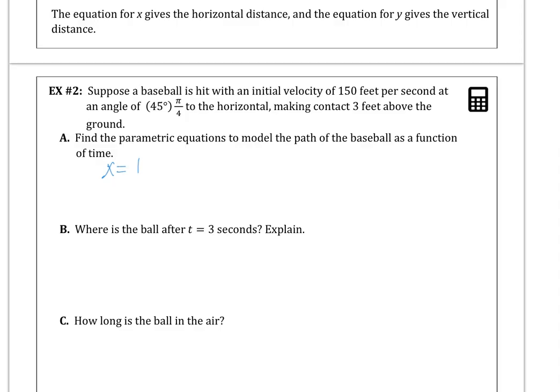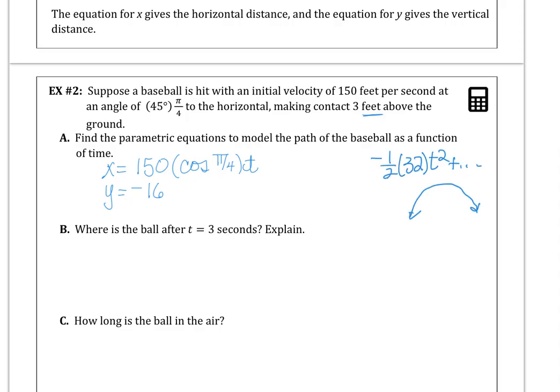So the x equation would be 150 cosine pi over 4 times time, and the y equation would be negative 16, because they gave us feet. We're going to use the gravitational constant, negative 1/2 times 32 t squared, and so on. So half of 32 is 16, and it's negative because we've got that upside down behavior going on.